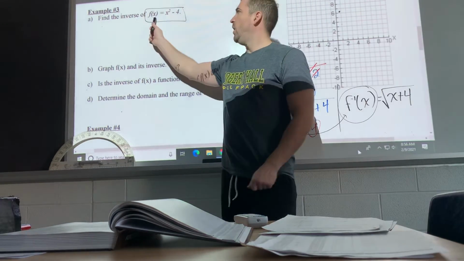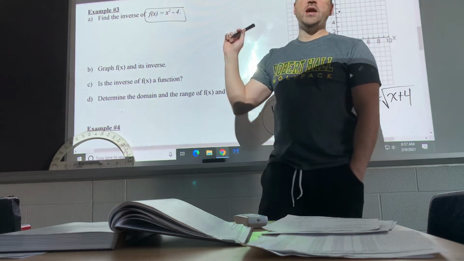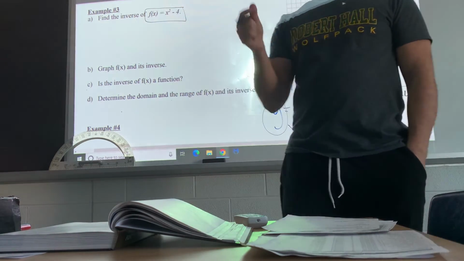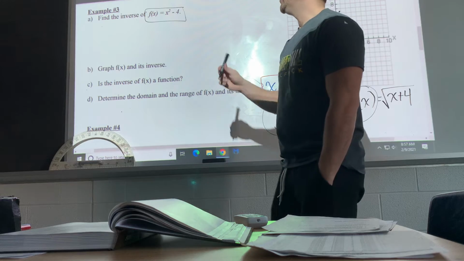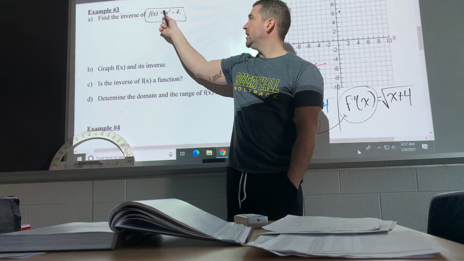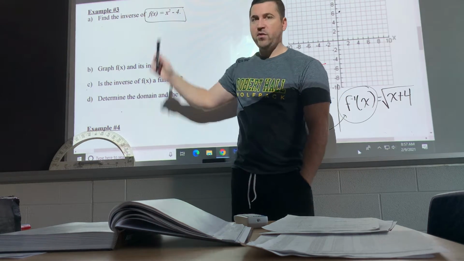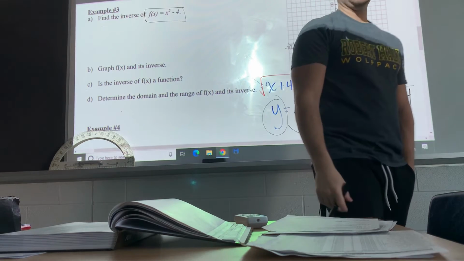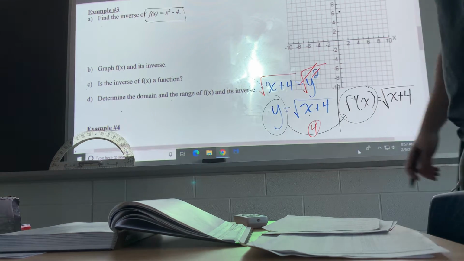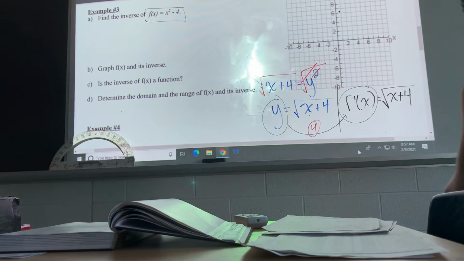Okay, so this is quadratic. A quadratic parent function starts at 0, 0. But this one is not just x squared, it's minus 4. So what happens to our graph? X squared minus 4, what happens to our graph?